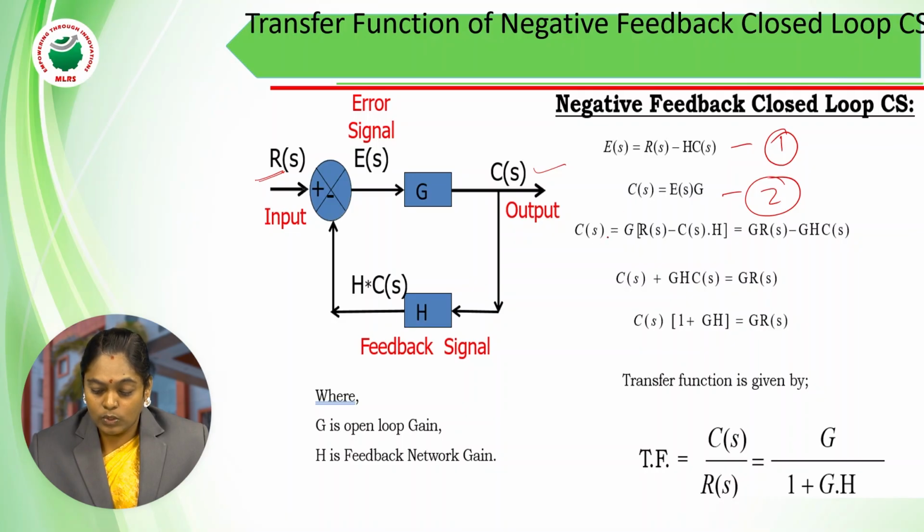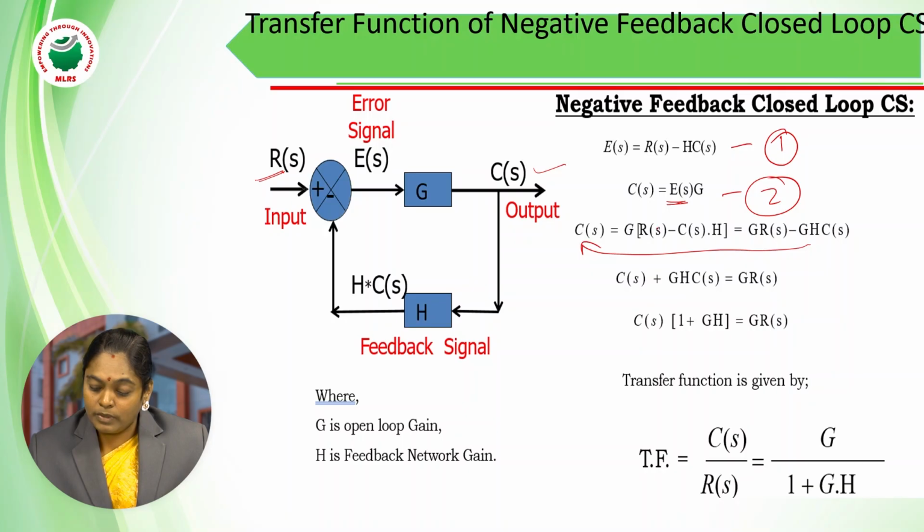So C(S) is equivalent to G into E(S), where E(S) equals R(S) minus H into C(S). If you expand this, it becomes G into R(S) minus G into C(S) into H(S). Take this C(S) term to this side, and it becomes plus.